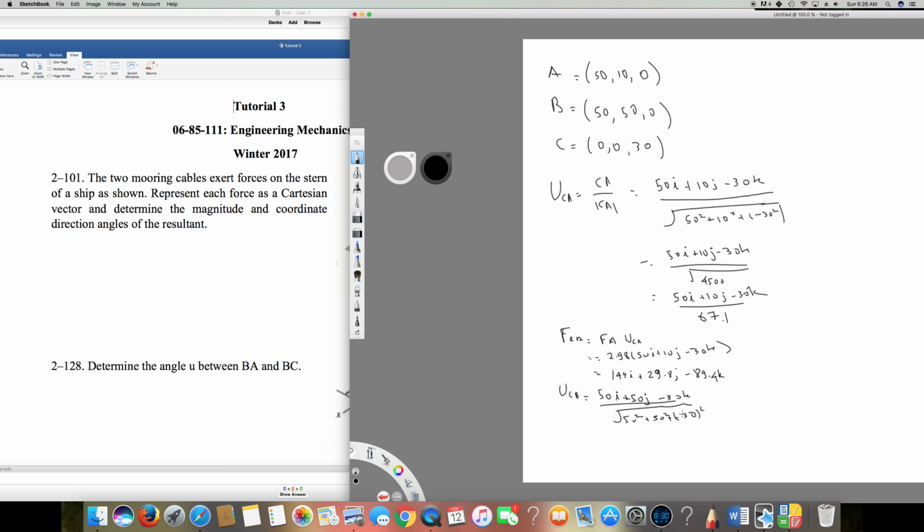So this is going to be in the bottom. Let's see what happens. 50 squared is 2500, 50 squared is 2500, that's 5000, so 5900 is in the bottom.